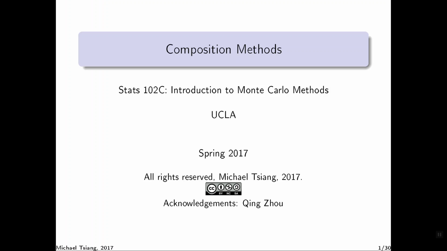And anyway, today we're going to cover composition methods. So we are still in the subject of generating random variables, okay? So again, we are saying with our computer and our pseudo-random number generator, we are able to produce random numbers from the uniform distribution only, okay?